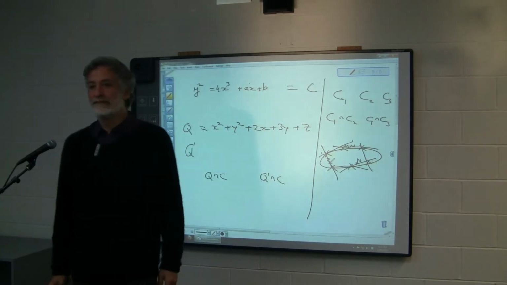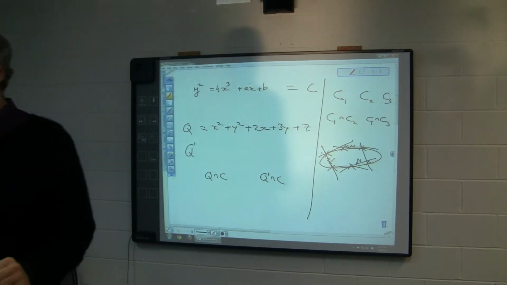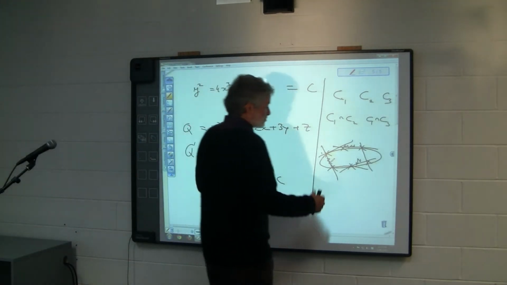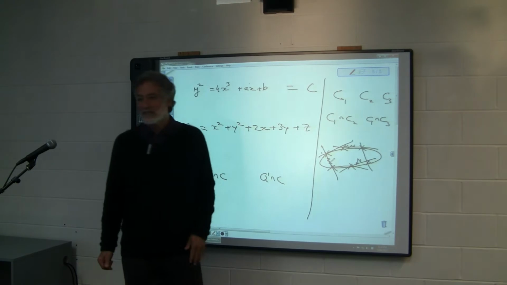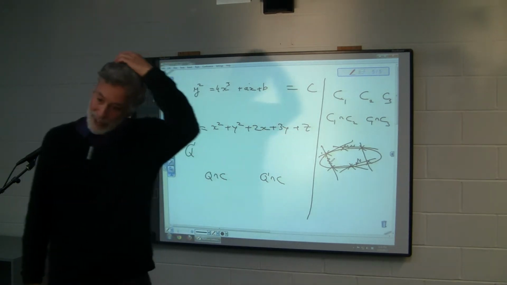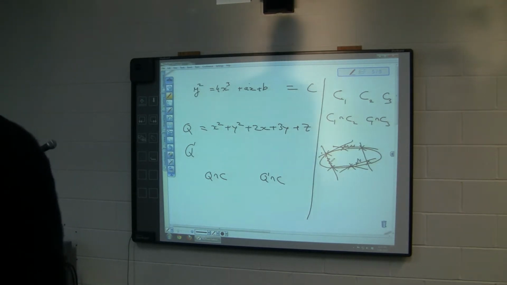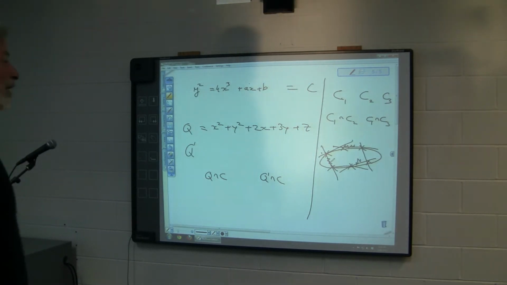So we have 2 cubics and a quadric, which you can also say is we have a hexagon inscribed in a quadric, and we consider the opposite side.